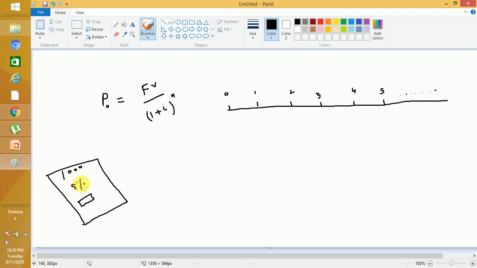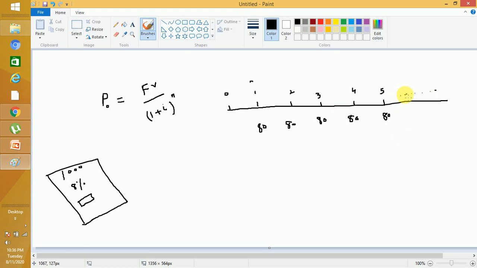So after 1 year they will pay us $80 interest, and 80, and 80. Keep in mind, this thing is very important, so just concentrate on this.